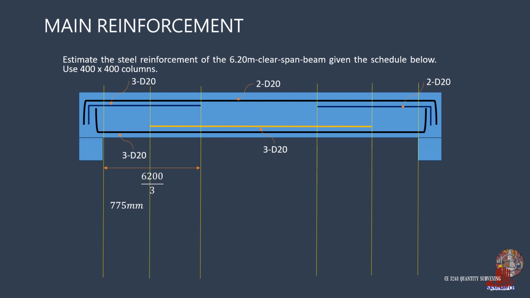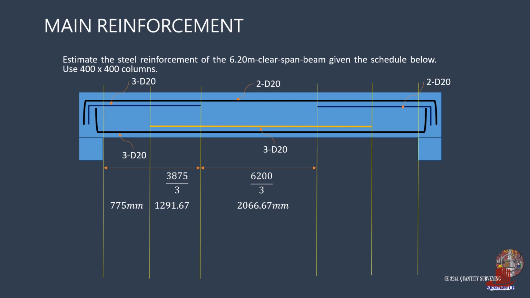With this identified, we can take the difference of these two to have the second span as 1291.67 mm. The third span is bounded by the 2 cut bars on top, which shows that this is measured as a third of the clear span, and this is computed as 2066.67 millimeters.